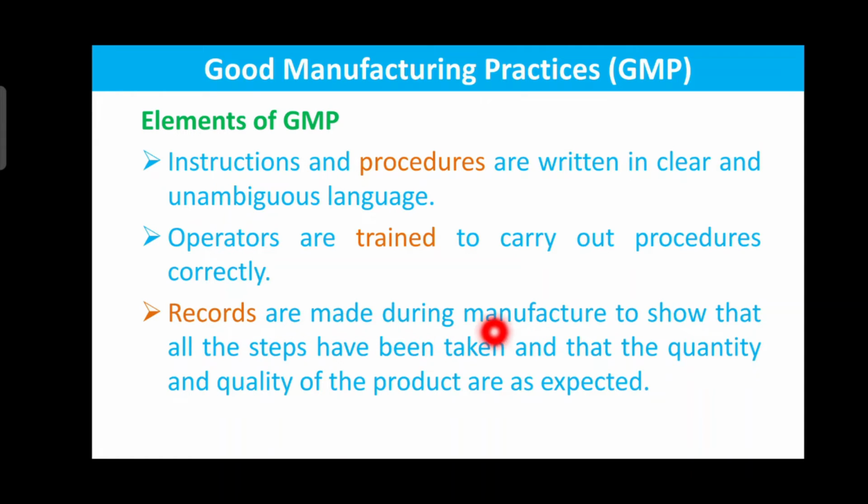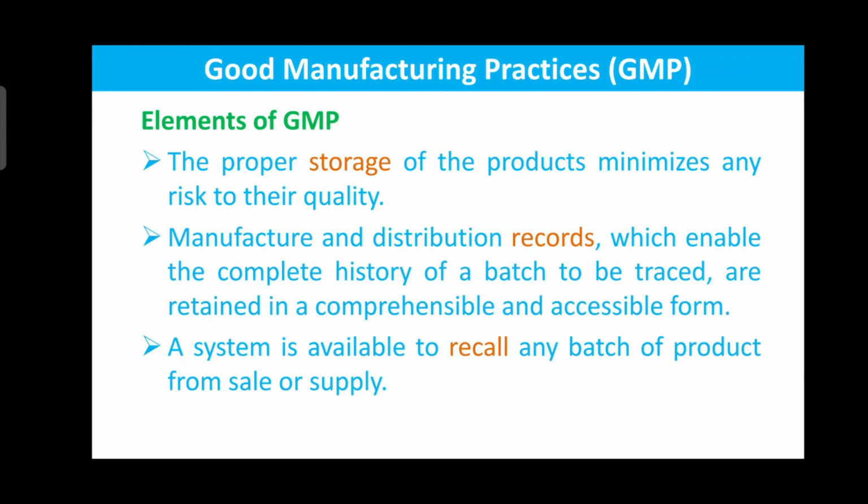So records are made during manufacture to show that all the steps have been taken and that the quantity and quality of the products are as expected. Then proper storage of the products minimizes any risk to their quality. Manufacture and distribution records enable the complete history of a batch to be traced and retained in comprehensible, accessible form. A system is available for the recall of a batch of product from sale and supply.